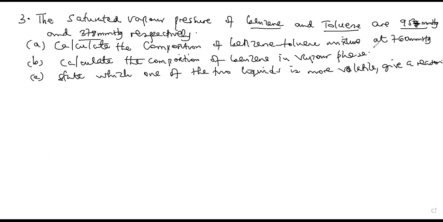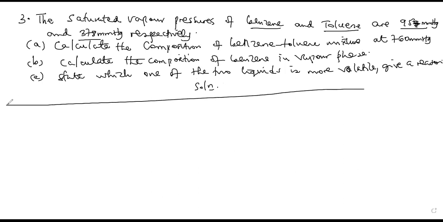They have just given us the saturated vapor pressures. Now, this question seems to be harder, but it is the easiest. Let B represent benzene and let T represent toluene.